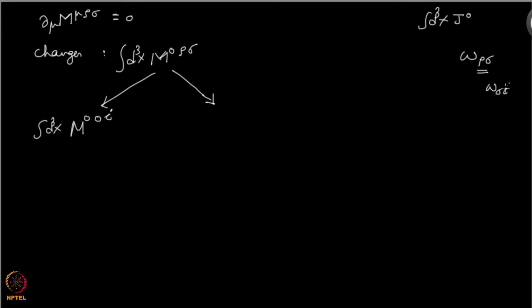These were the boosts, and omega ij were the rotations. So for rotations I will get M 0 ij. So these are corresponding to the boosts and these are corresponding to the rotations.